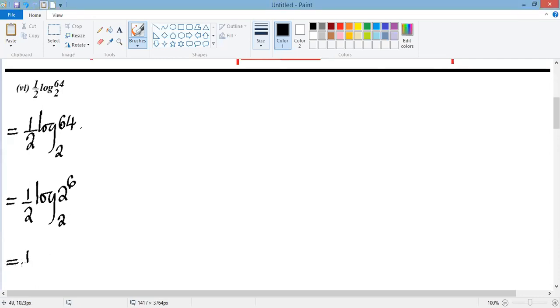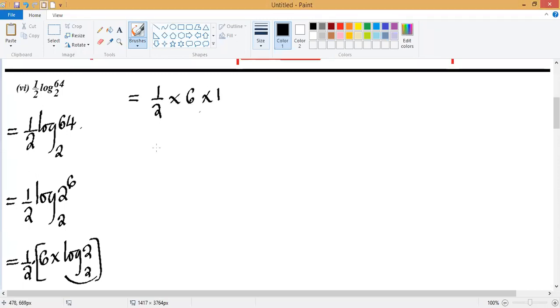So that a half will have a coefficient 6 multiplying the logarithm 2 base 2, which we know that log 2 to base 2 is 1. So that statement becomes a half times 6 times 1.